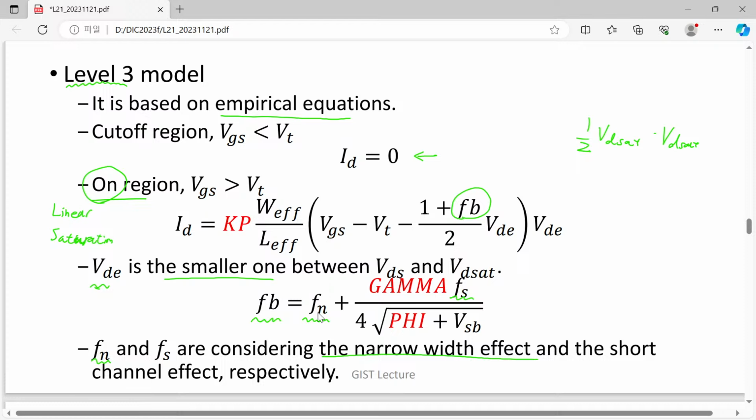The question is, how can we justify the form of Fn? The answer is, this model is purely empirical. They just propose equations or expressions to match the experimental data, so there is no guarantee that their expressions are valid at every technology node.